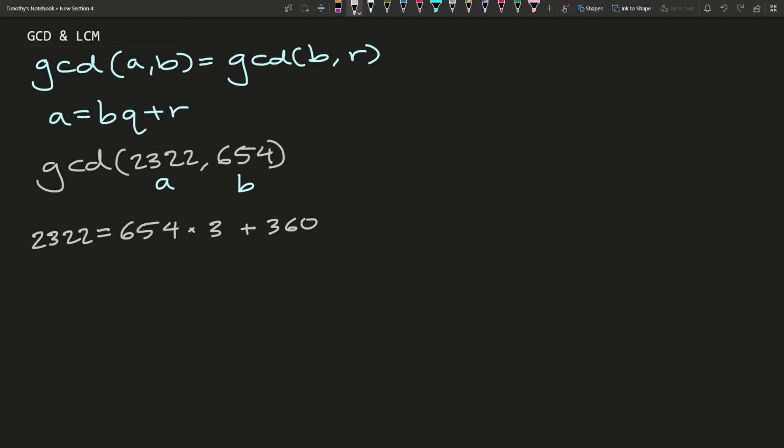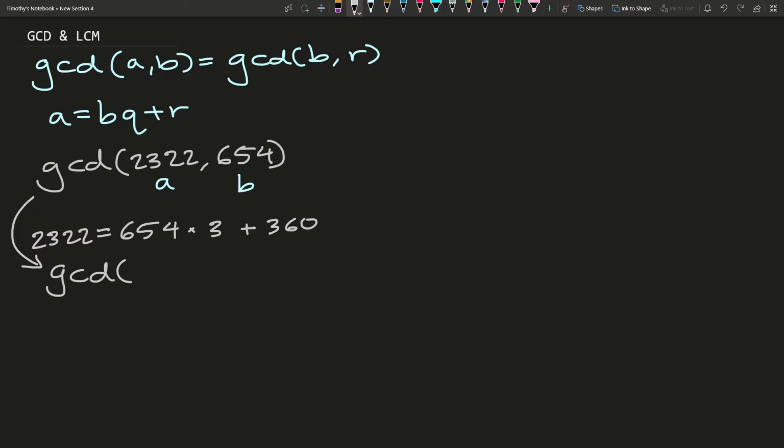So 654 fits into 2,322 at most 3 times, and it has a remainder of 360. And so what is our Euclidean algorithm saying? Well, it's basically saying that the GCD of this right here is going to be the same thing as the GCD of B and R. So what's B in this case? Well, in this case, B is once again just going to be 360.